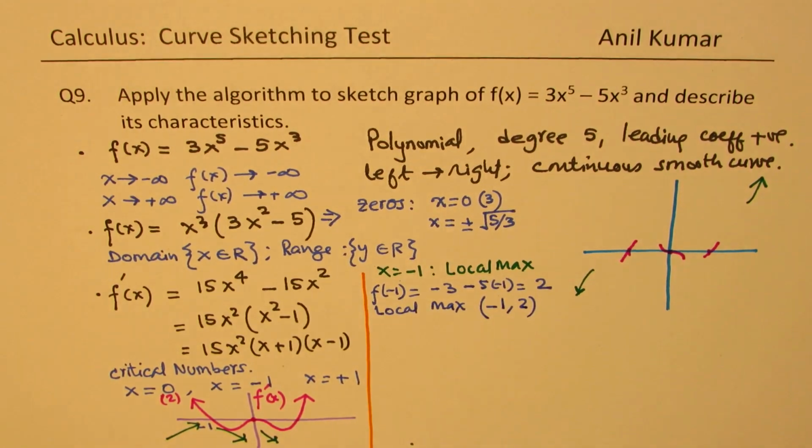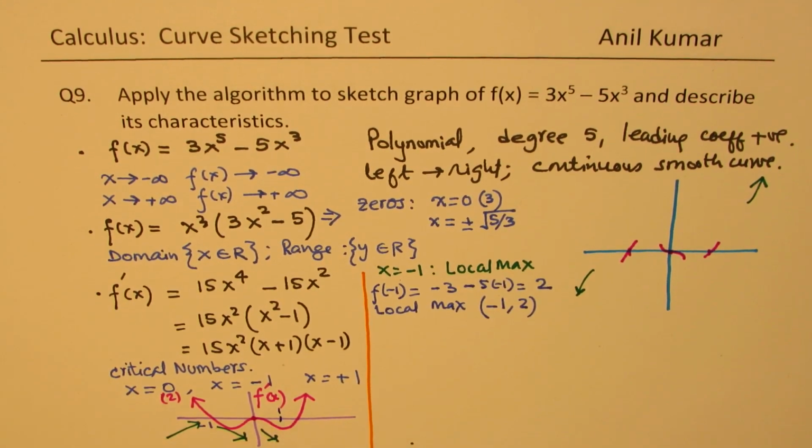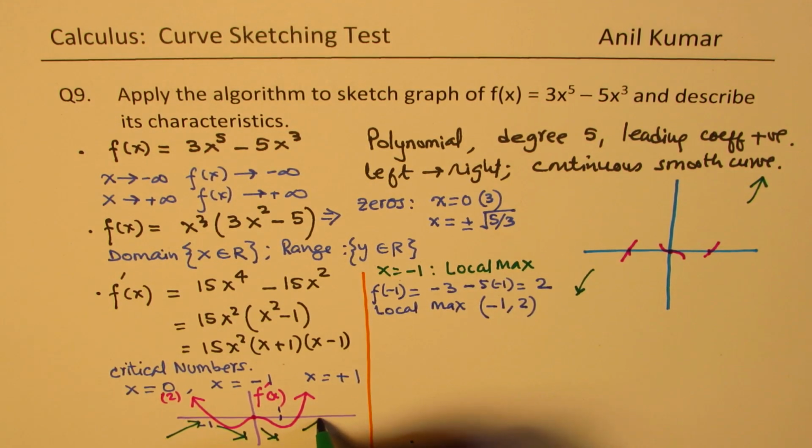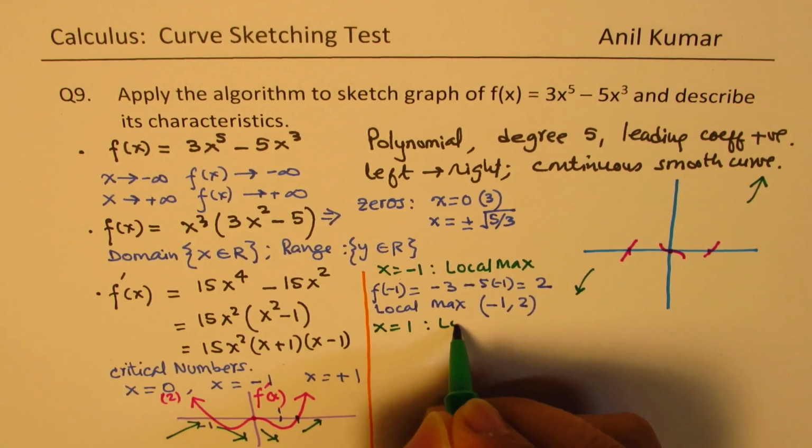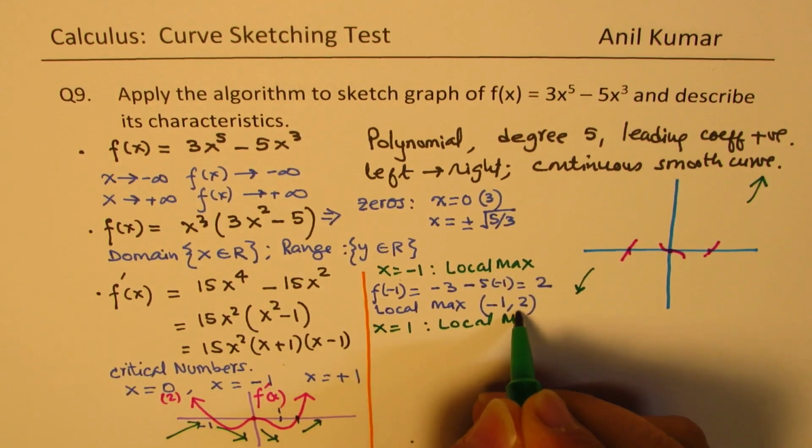Clear? Now we don't have any maximum or minimum at 0, but at x equals 1, we again see that the derivative changes from negative to positive. So at this point, it is going positive. From negative to positive means local minimum. So at x equals 1, we have a local minimum.